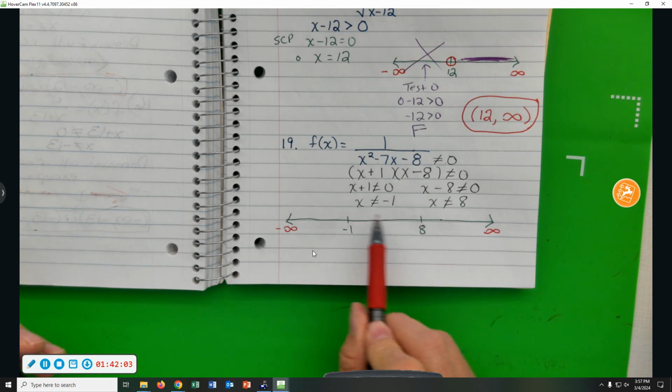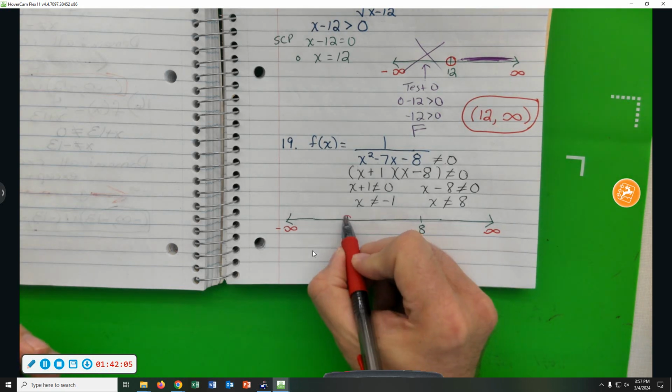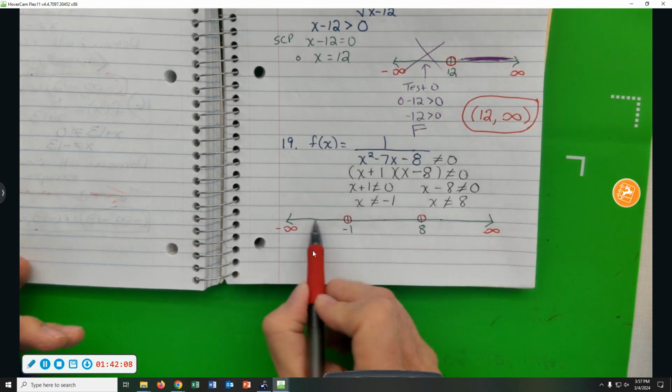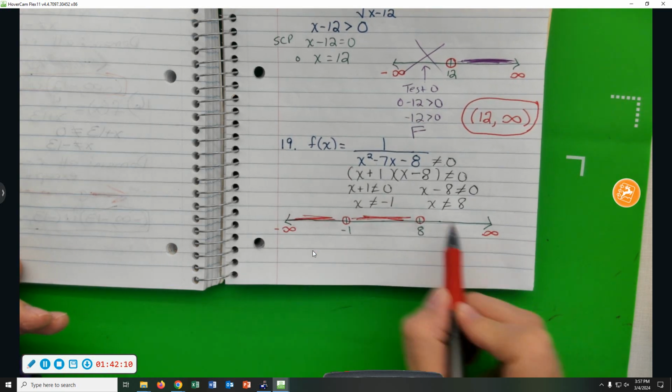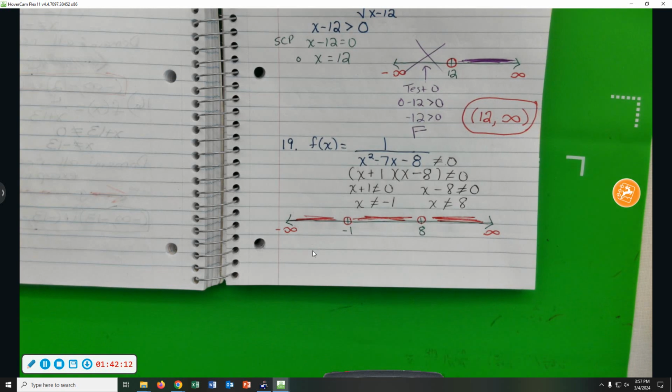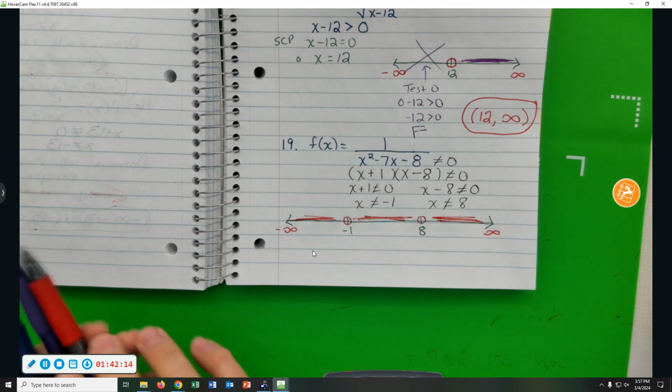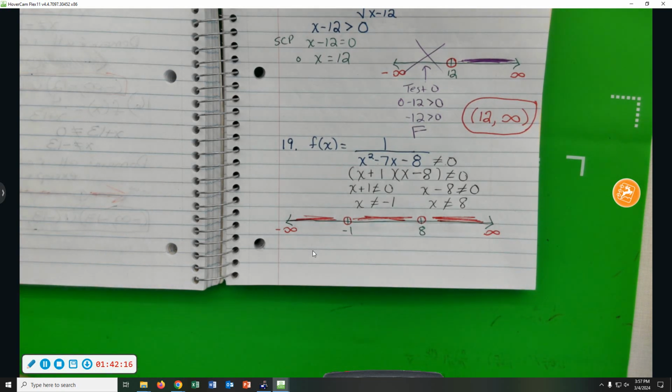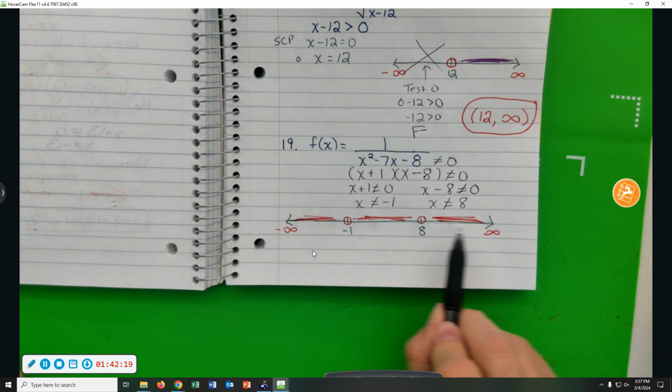So what are we going to put at the negative 1 and 8 to indicate that we're not including them? Open circles. So it's everything except, and I'm just drawing this graph to help me get the interval notation, because the interval notation needs to be written the way you see it on the number line.